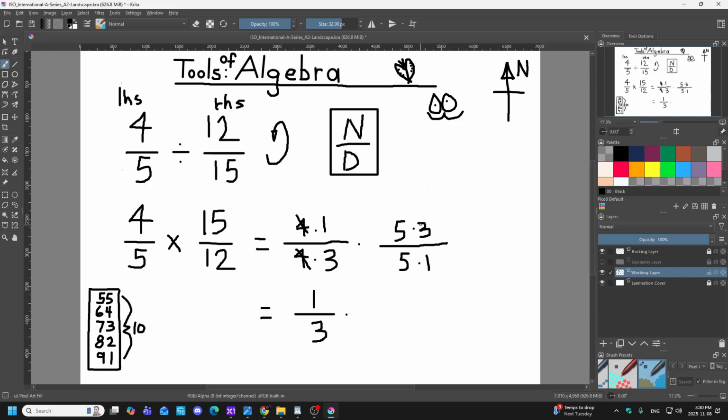What about the right-hand side? Well, again, we know that 5 divided by 5 is also equal to 1. Any number multiplied by 1 is going to be the same number, right? We can cancel our 5s. We are left with 3 over 1.